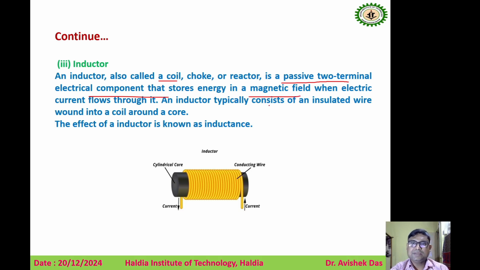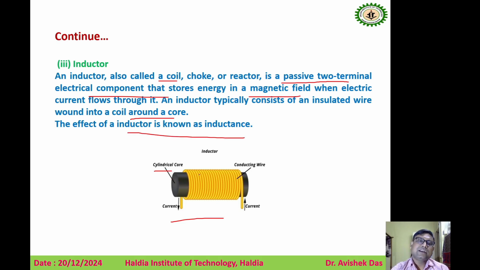An inductor typically consists of an insulated wire wound as a coil around a core. So this is one inductor. Here it is the cylindrical core, and this one is the coil, wound around a cylindrical core. The effect of an inductor is known as the inductance, right?